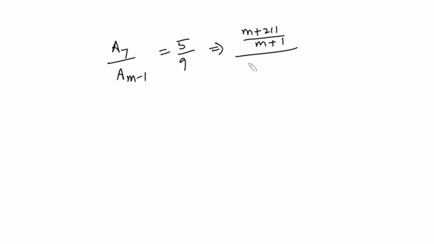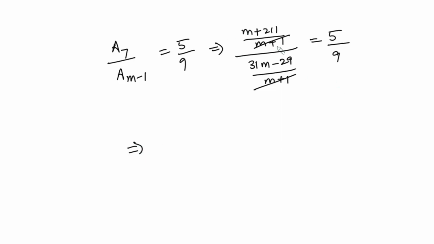We are given the ratio as 5/9. So let's substitute the values. a7, which is (m plus 211) over (m plus 1), divided by (31m minus 29) over (m plus 1), is equal to 5/9. We can cancel out m plus 1.